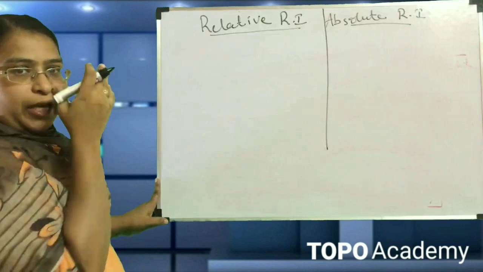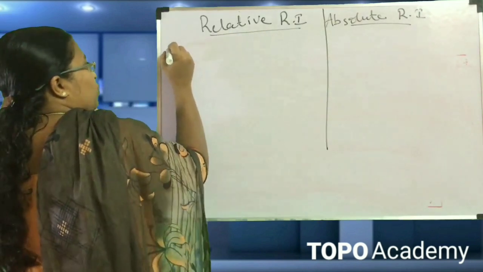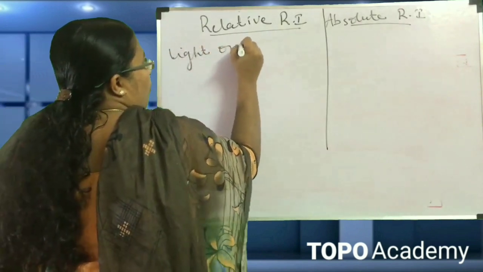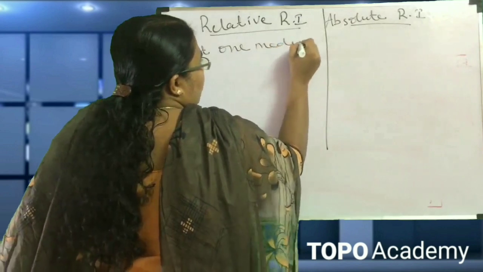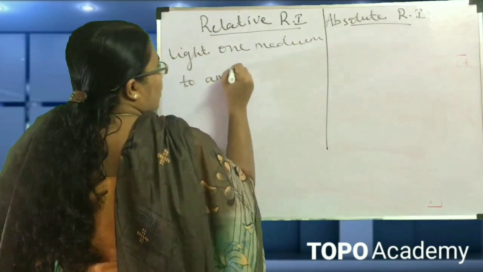There are two mediums. Relative refractive index means that when light is moving from one medium to another medium.